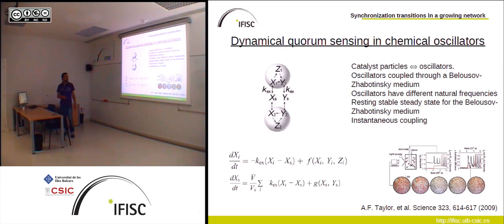So they measured also the intensity of the red color, that means the production of one of these chemical elements that is produced in the catalyst, and also the electrical signal in the Belousov-Zhabotinsky. So they measured for the oscillators and measured for the common medium.